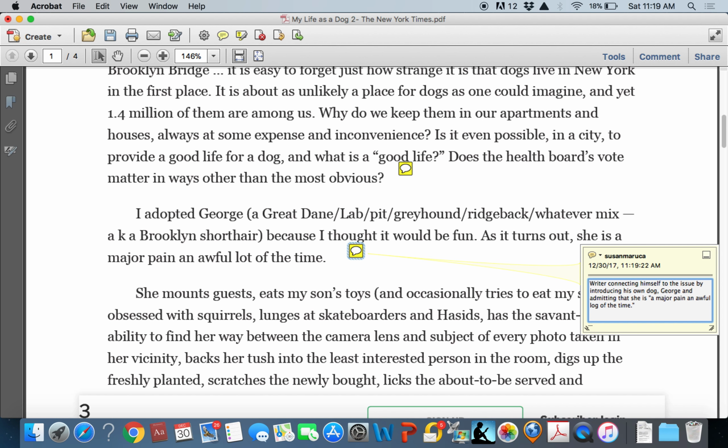Now, the reason I put that in quotes is because I don't want to forget that those are the exact words of the writer. I want to make sure that later, if I use that quote, I give credit through a citation, whether it's MLA or APA, for borrowing his exact words.